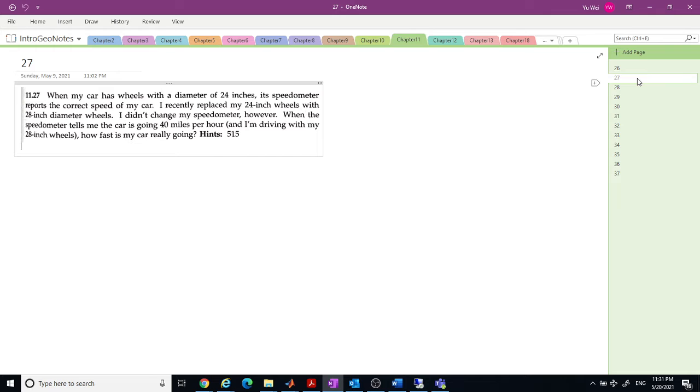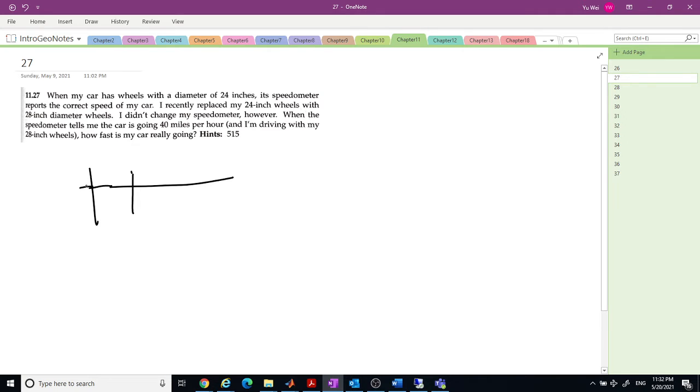Next, my car has wheels with a diameter of 24 inches. So the radius R is 12 inches originally, and the speedometer reports correctly.